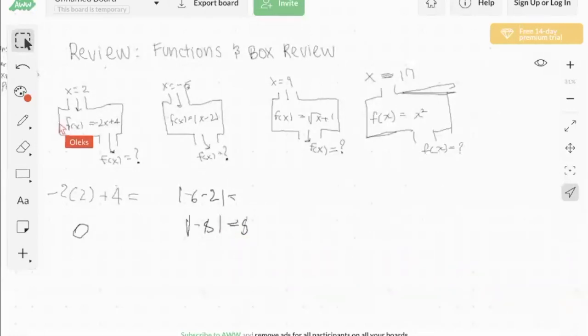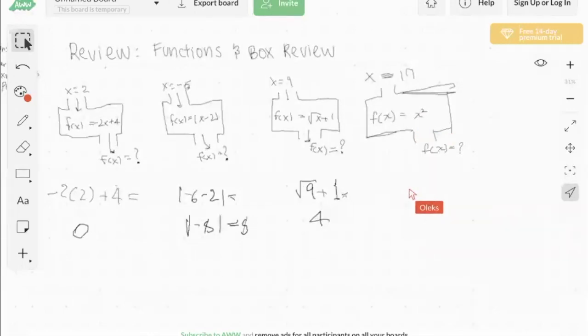Now let's look at our third example. We do the same thing here. We replace x with 9 and see what the function is at 9. Our function is root x plus 1, so it's root 9 plus 1. Root 9 is 3 because 3 times 3 is 9, and then plus 1 is just 4. So this equals 4. For our last question, we do x equals 17, and the function is x squared.